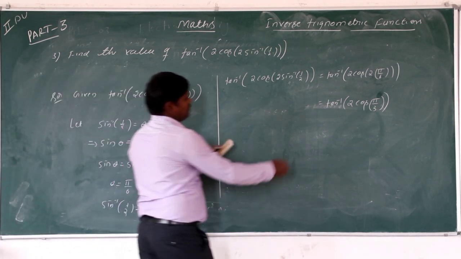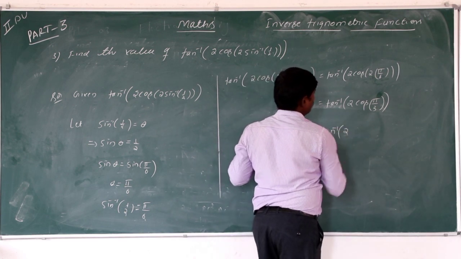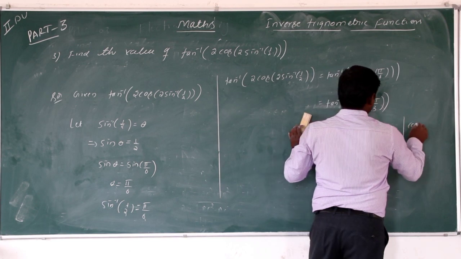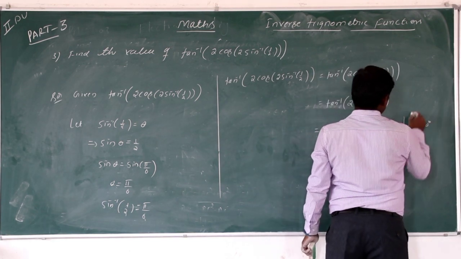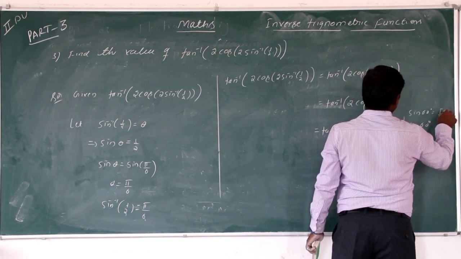So this is equal to tan inverse of 2 into cos pi by 3, and cos pi by 3 is equal to cos 60 degrees. Sin 60 is nothing but root 3 by 2.